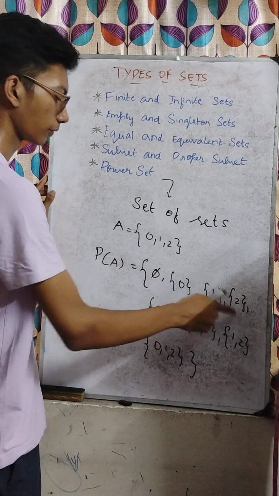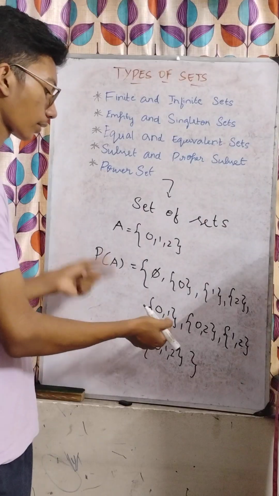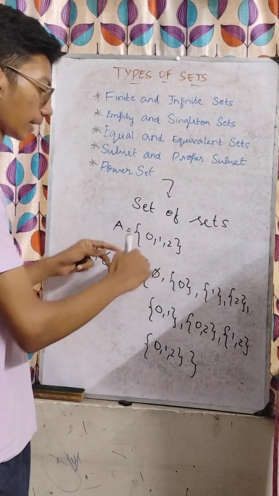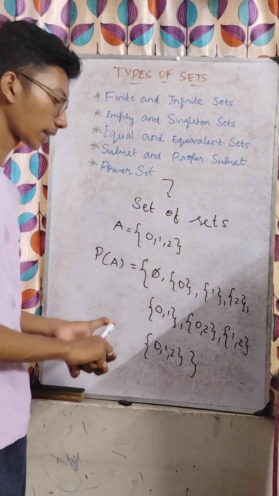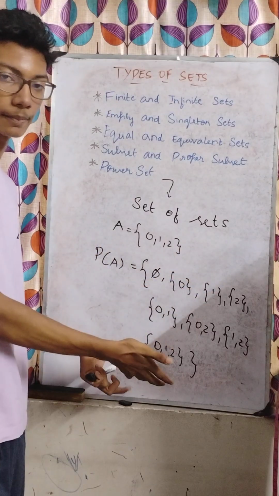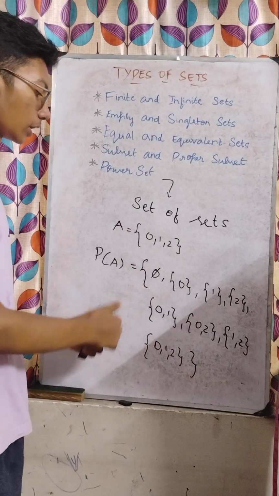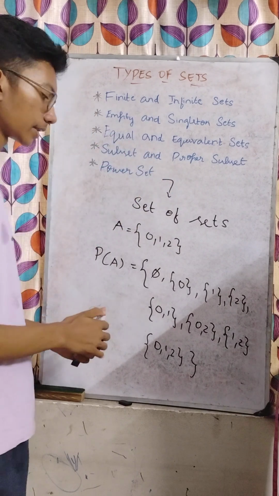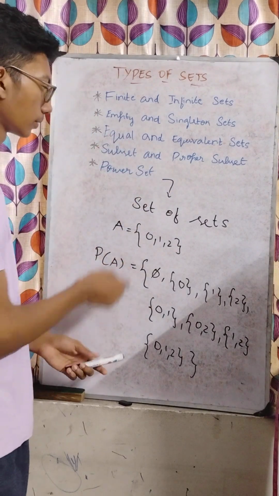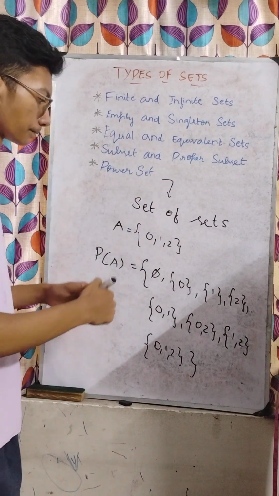So 1, 2, 3, 4, 5, 6, 7, 8. We have 8 subsets of A. So from this A we can get 8 sets. The set of all those subsets is called the power set of A.